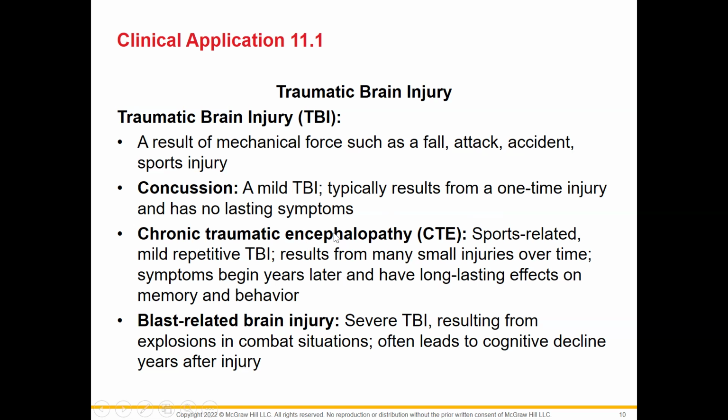So encephalo, well, let's go back. Cephalo refers to the head. So cephalo means head. Encephalo means brain. Pathy, disease. So this is a disease in the brain, right? Caused by chronic trauma.